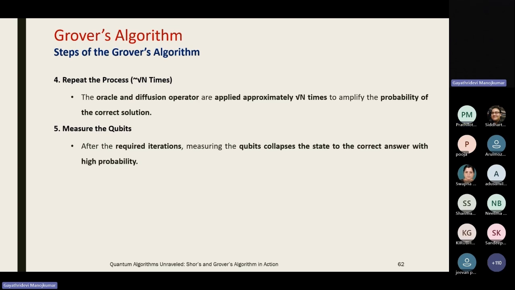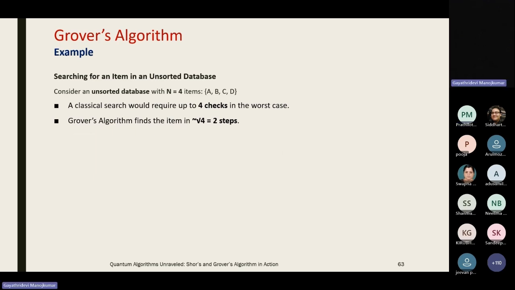After the required iterations, the qubits collapse to the state with the high probability. I hope everyone has understood the algorithm part. For example, suppose I have an unsorted database with four items, A, B, C, and D. A classical search goes for a linear search.